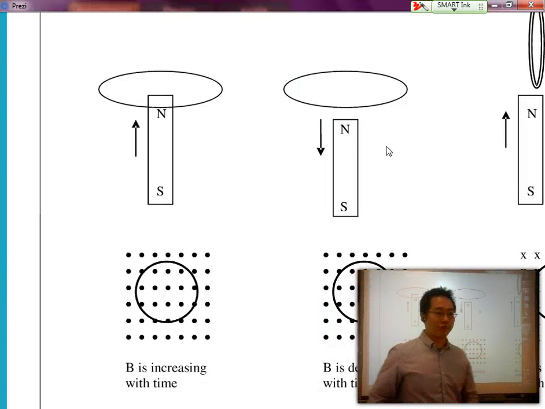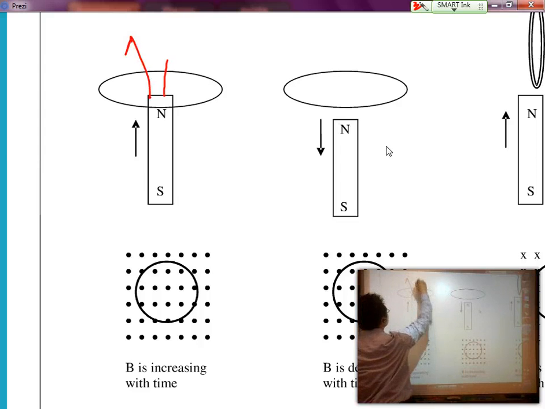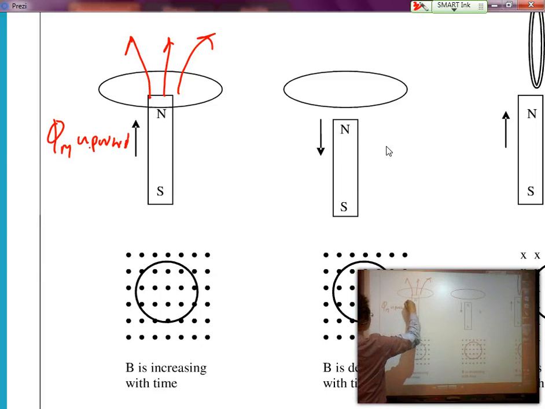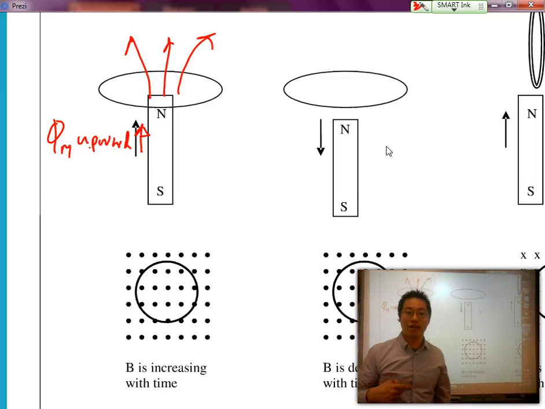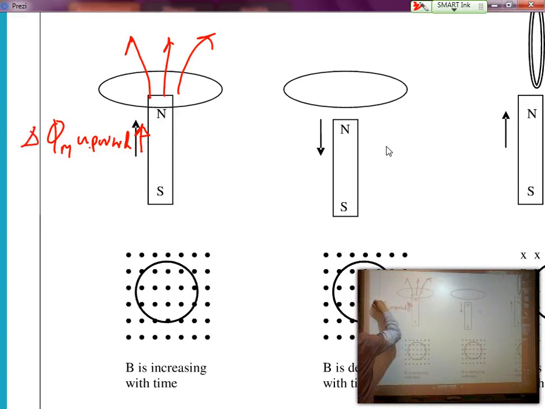Okay? So now in this picture over here, this is another way of understanding what's going on. We have a bar magnet moving up, and we know that there's a magnetic field that's getting stronger and stronger. So that means the flux, in this case, that's upward, is increasing. The loop is going to try to create a magnetic flux that opposes this positive change in flux.